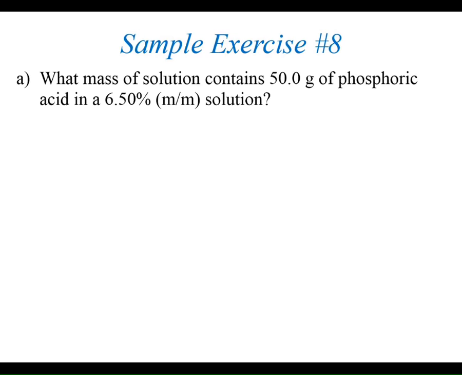So which one do I start with, 50.0 or 6.5? Percentage is going to be a conversion factor between two different things, so I can't use a conversion factor first. I have to use the one that's just all by itself. So 50.0 grams, I'll just put acid, since you don't know the formula yet for phosphoric acid. I have grams of acid. I want to find grams of solution. That's my goal. So how would I set this up? 6.50 grams of acid on the bottom, right?